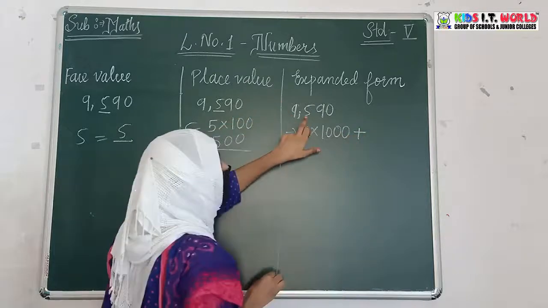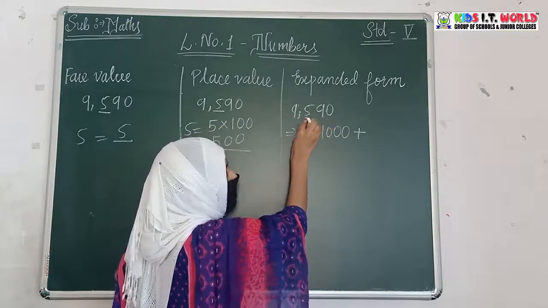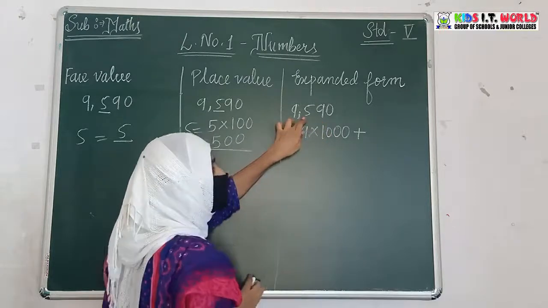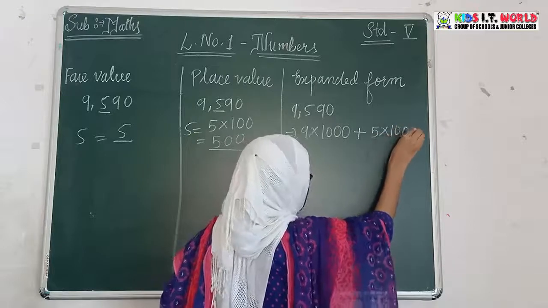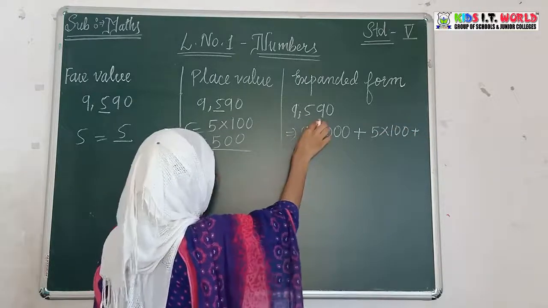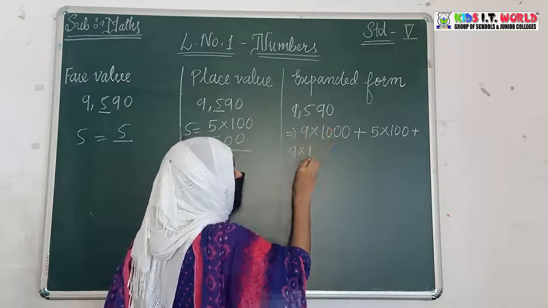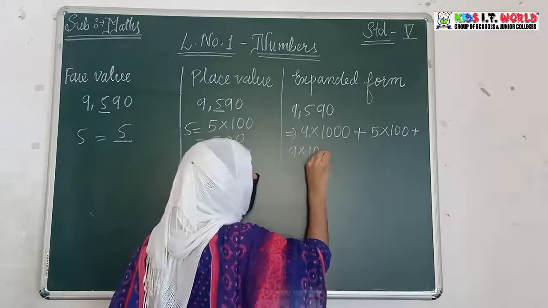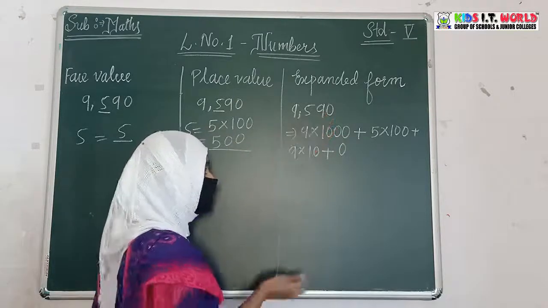Put the addition sign. Then the number is 5. Again count it ones, tens, 100, means 5 is coming on the place 100. So multiply 5 by 100. Then put the plus sign again. The number is 9. 9 is on the place of 10. So multiply it by 10. Put the plus sign and 0 will be as it is because it is on the ones place.